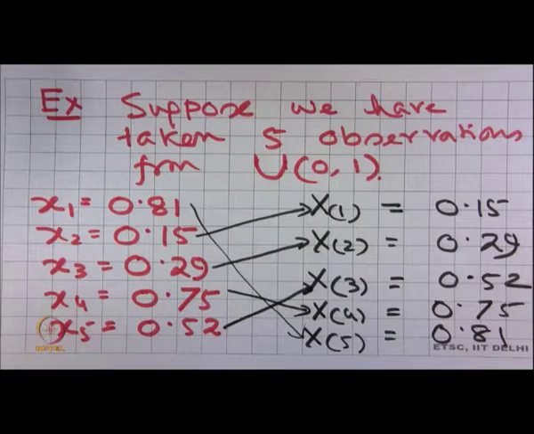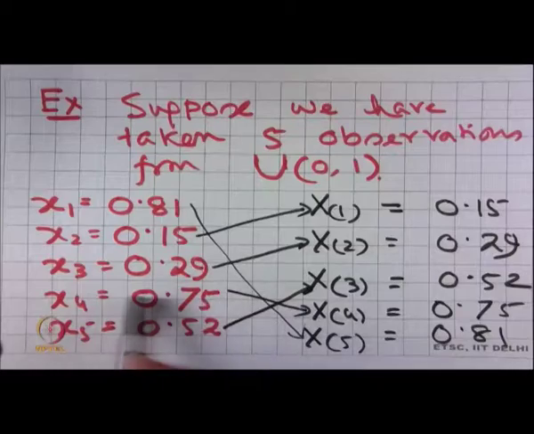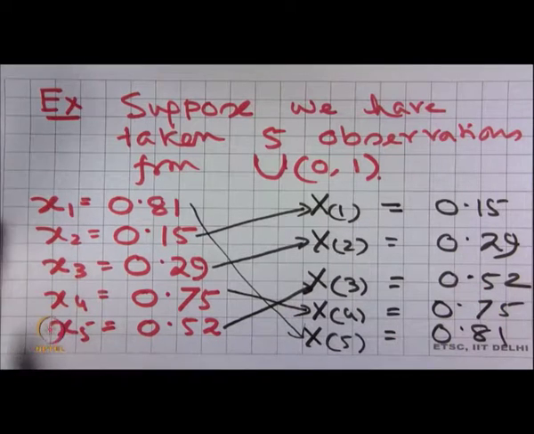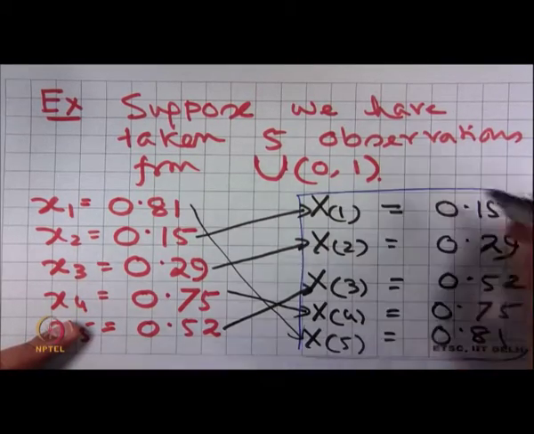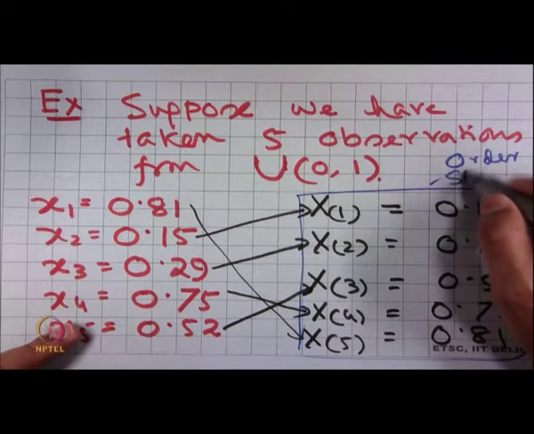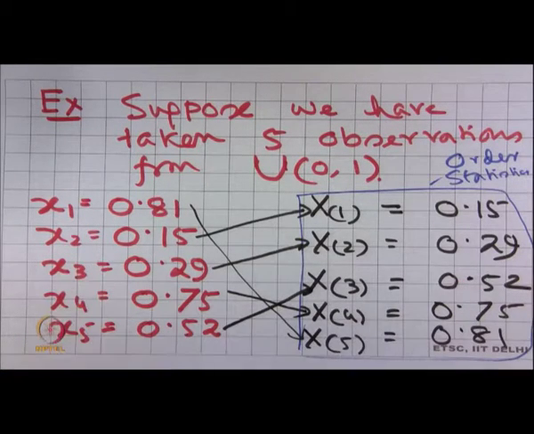Therefore, you can understand that once we sort these values, we get a particular arrangement of the observed values. So, this is the order statistic generated from this sample.